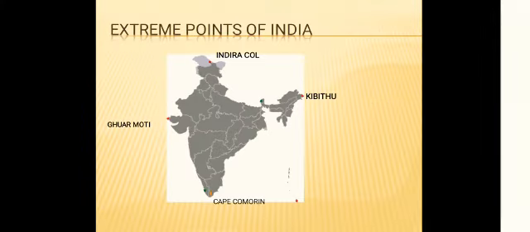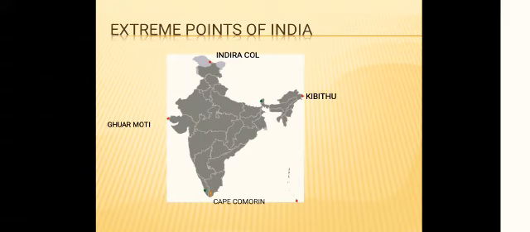Now, let us focus on the extreme points of India. Children, do you know which is the northernmost point of India? The northernmost point of India is Indira Col, which is located in the state of Jammu and Kashmir in Siachen Glacier in Karakoram Mountains.